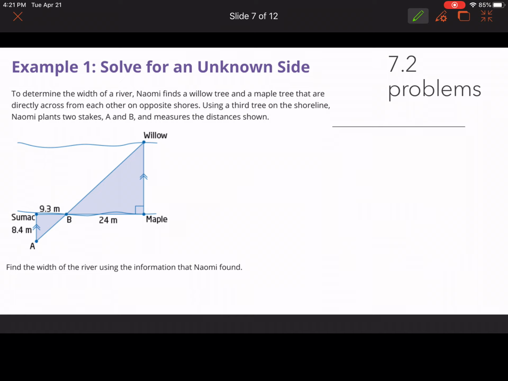So example 3, or example 1 again. Now I'm moving backwards to 7.2, problems we skipped. Now we're not using tan, cosine, or sine. We need to recognize that we're using similar triangles and all of the various shapes that we talked about.